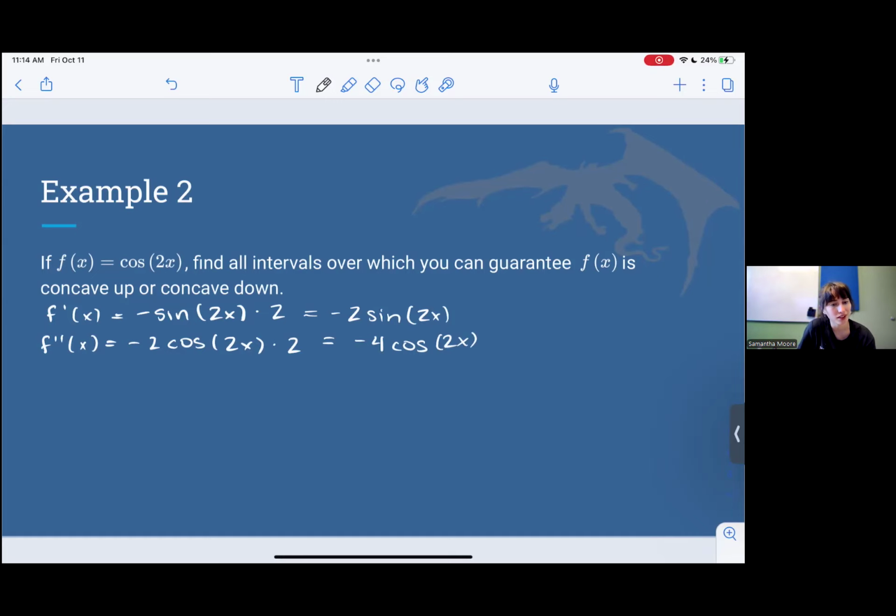Okay, so then I need to go ahead and do my number line. It's going to be infinitely many intervals where f is concave up and concave down. So I'm just going to do enough of the number line for us to get the pattern. I want to first label places where cosine of 2x equals 0.